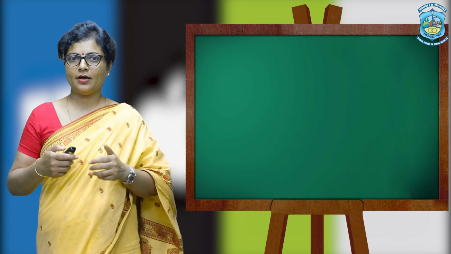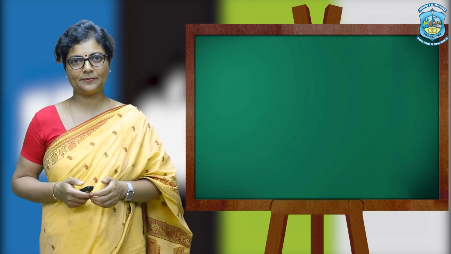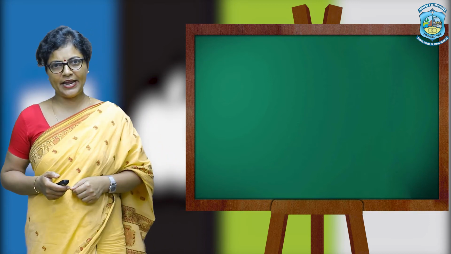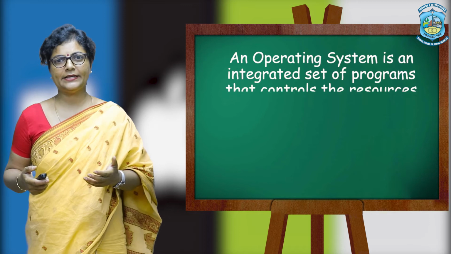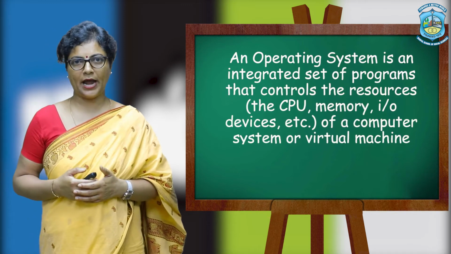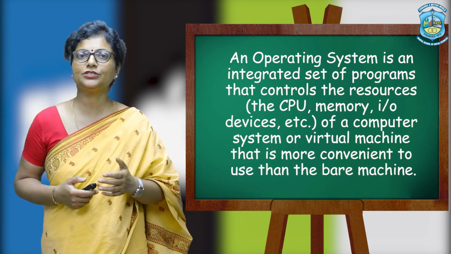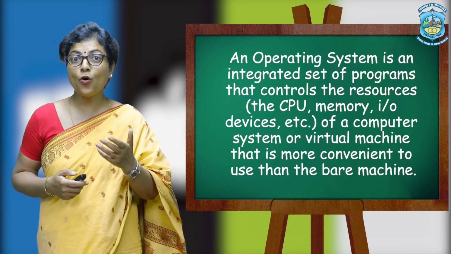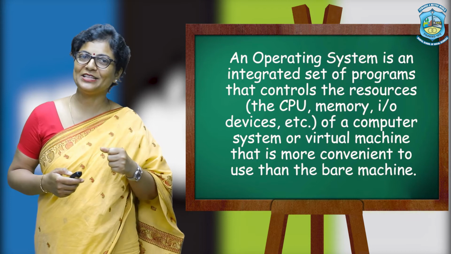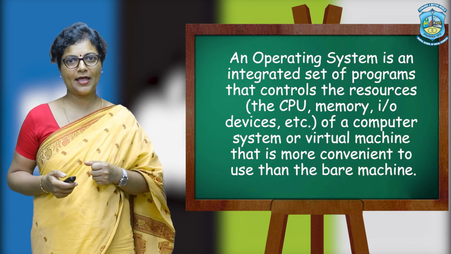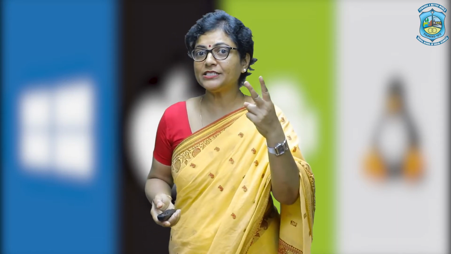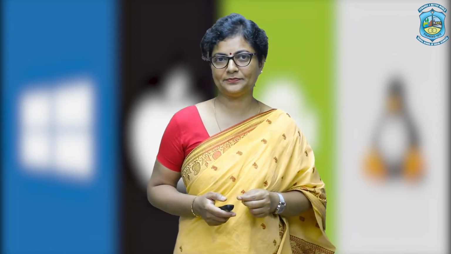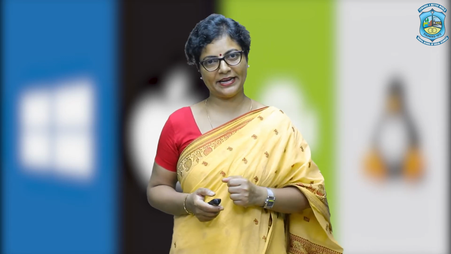Yet another definition is: an operating system is an integrated set of programs that controls the resources of a computer system or virtual machine that is more convenient to use than the bare machine. So, out of these definitions, we can extract two major goals of an operating system, that is resource management and virtual machine management.